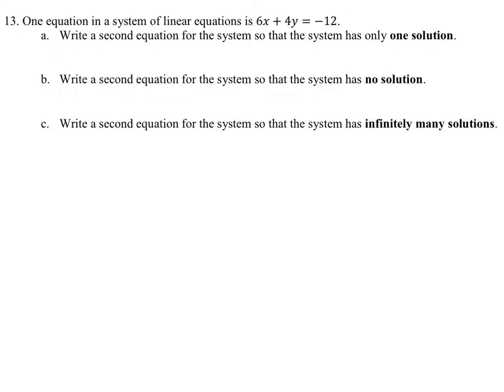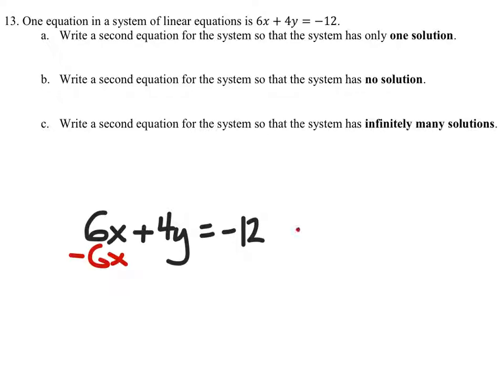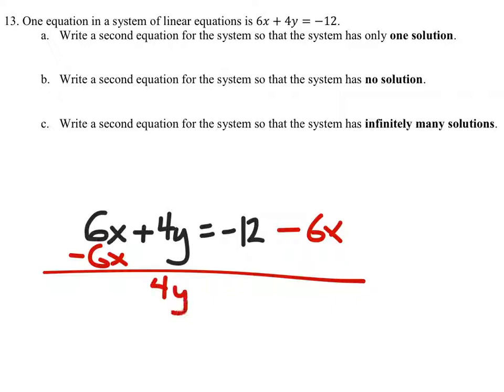You guys need to write an equation compared to this one that would give you one solution, no solutions, and infinite solutions. So the first thing I'm going to do is change this equation into slope-intercept form by subtracting 6x from both sides. Now we got 4y equals negative 6x minus 12.